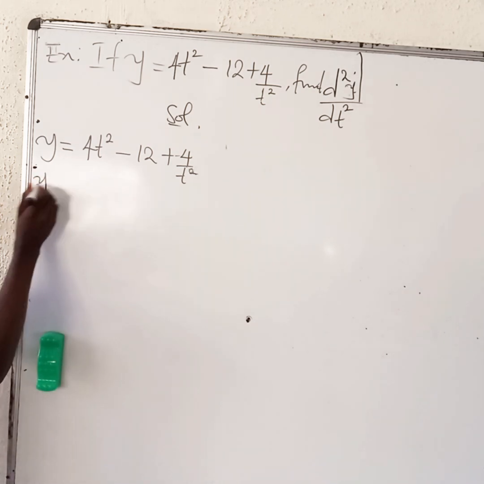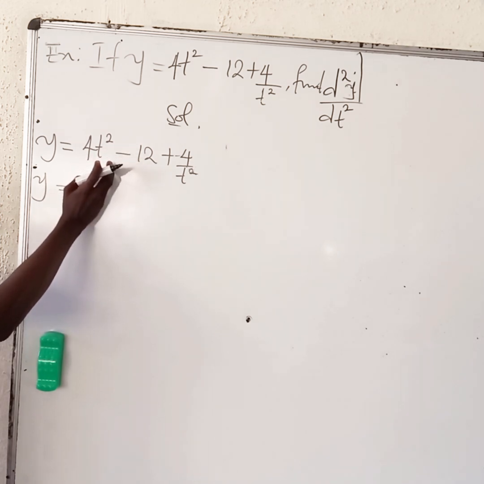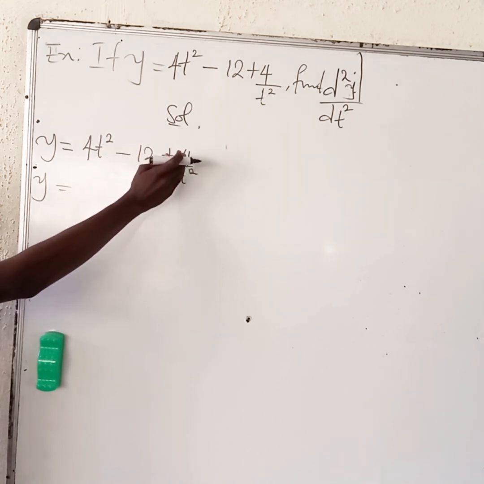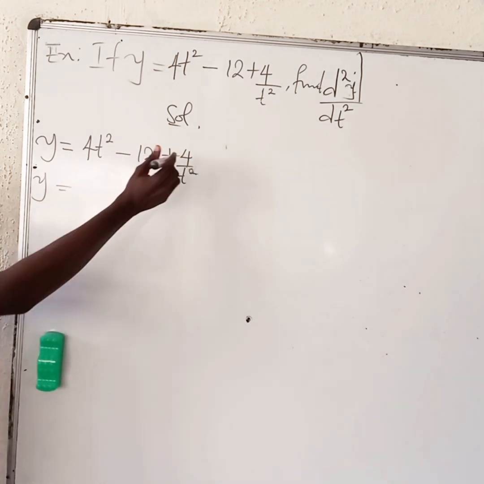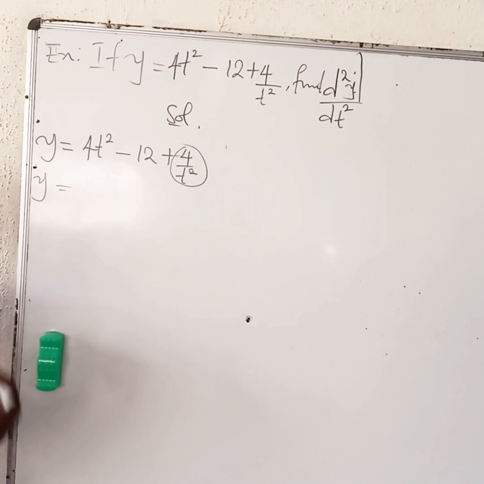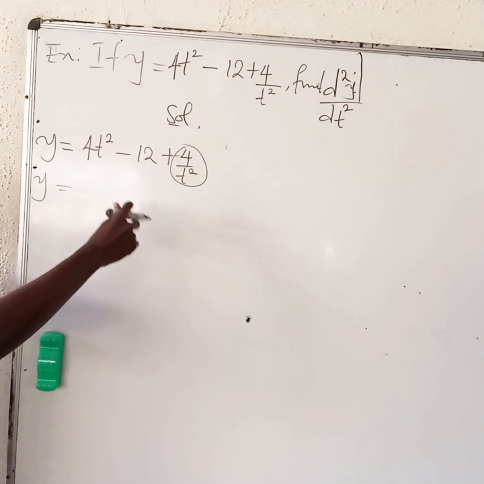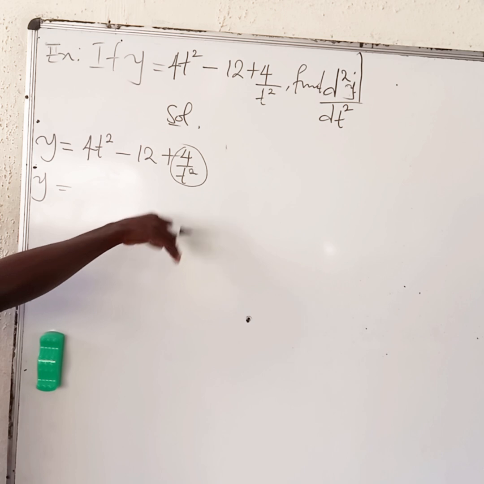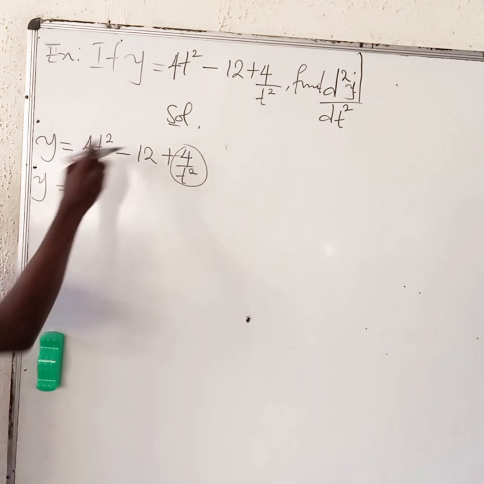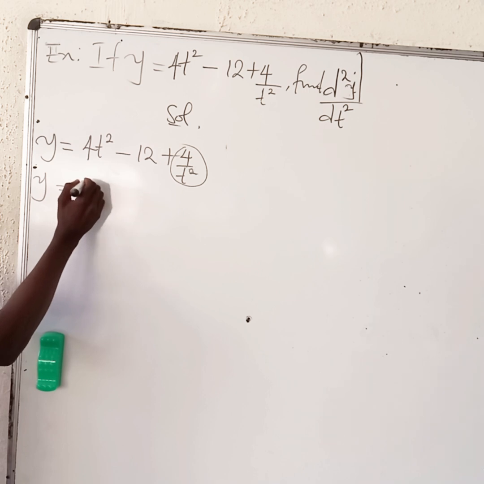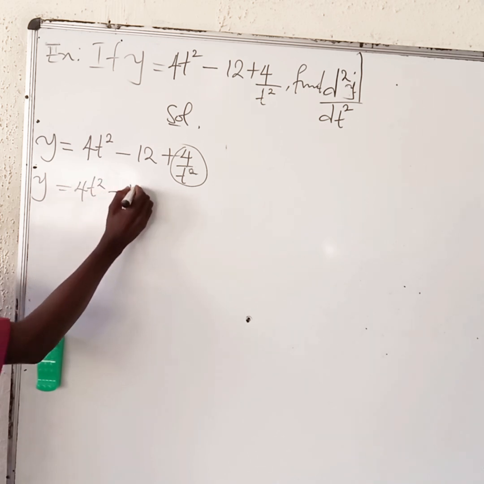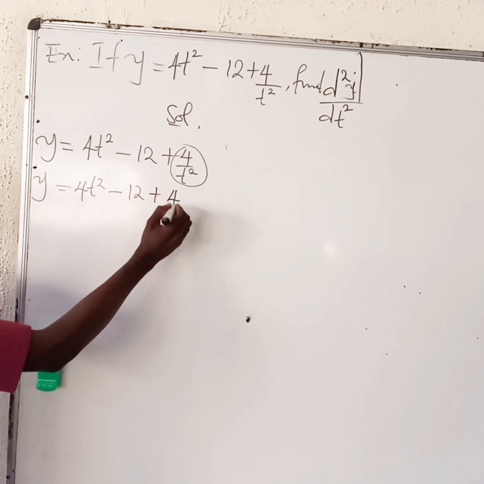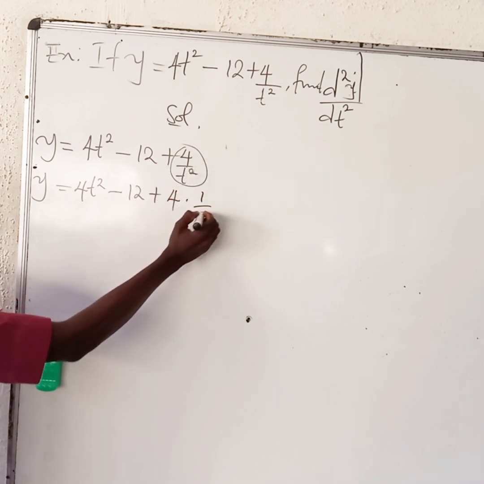We have y is going to be 4t squared minus 12 plus 4 over t squared. If you look at this form, this is in fraction form, so you have to bring it back to normal form. So you can just say 4t squared minus 12 plus 4 multiplied by 1 over t squared.